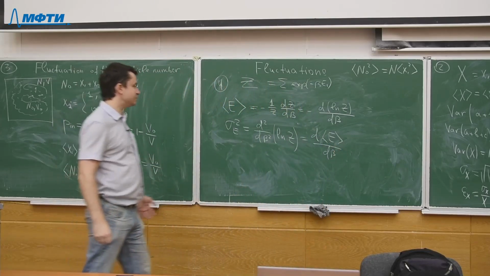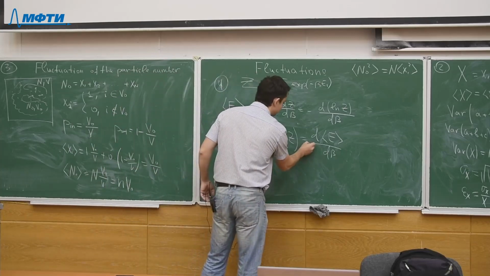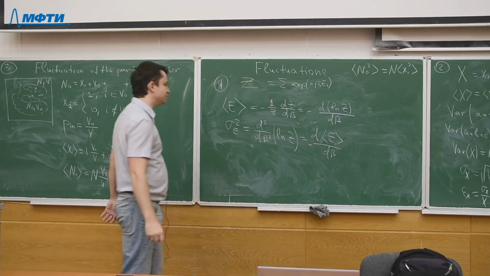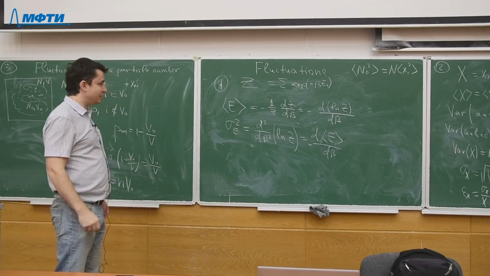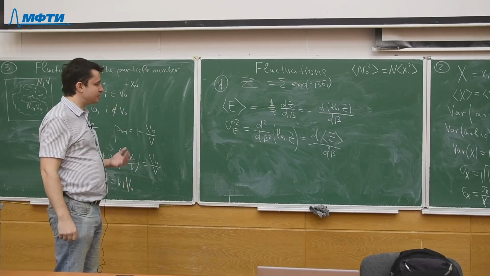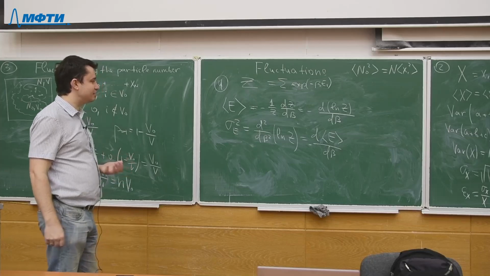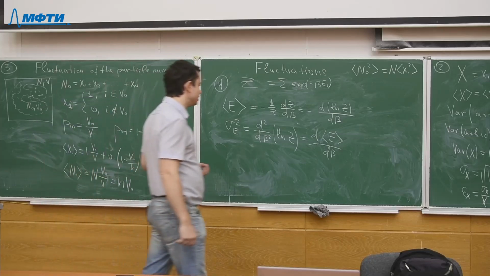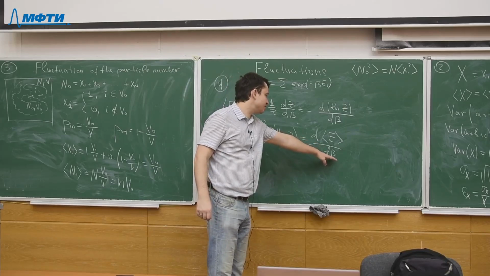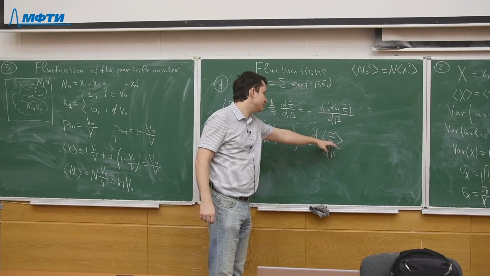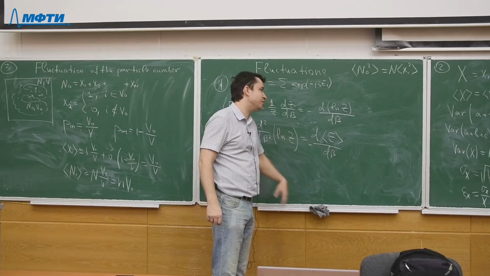Since this is the second derivative, this is minus the derivative of average energy with respect to beta. So it becomes quite obvious that we should somehow relate this quantity to the heat capacity, because this is a somewhat transformed temperature. So this is what we are dealing with, the derivative of energy over the temperature.